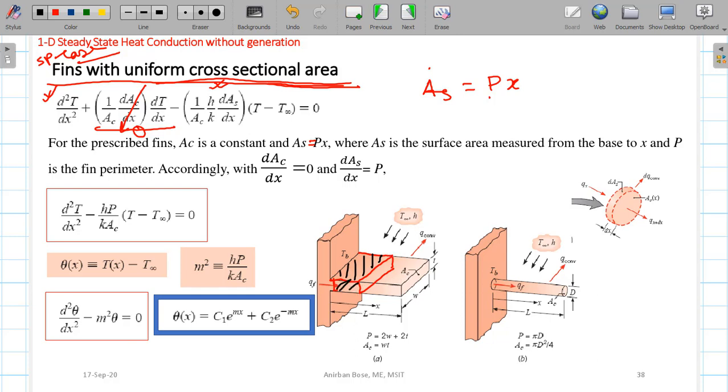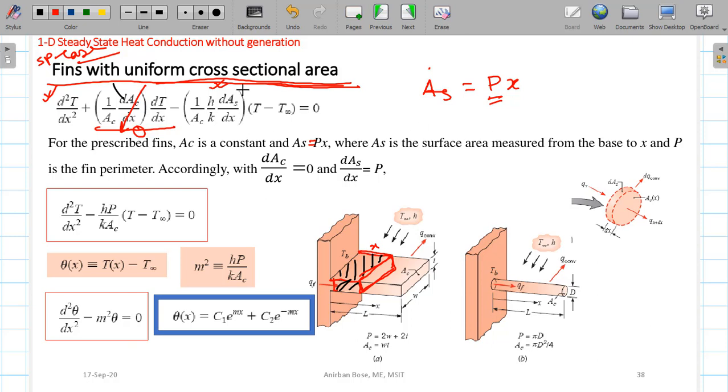So that we can easily find out by simply considering this perimeter. This total length is nothing but the perimeter here, so that perimeter multiplied by the x. So P multiplied by x is basically the total surface area.